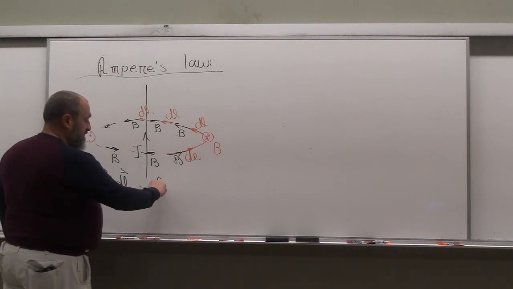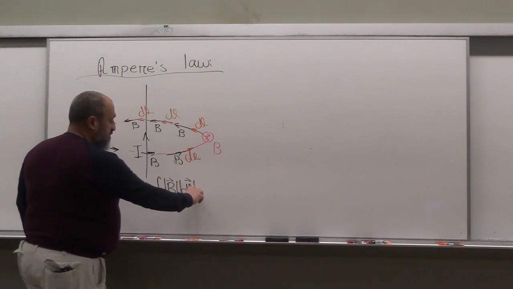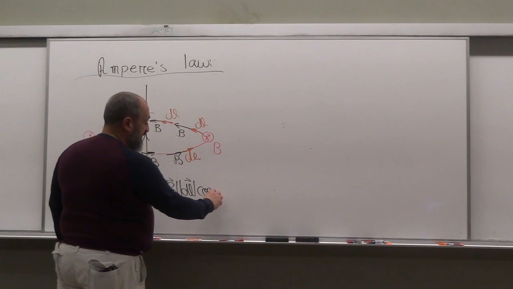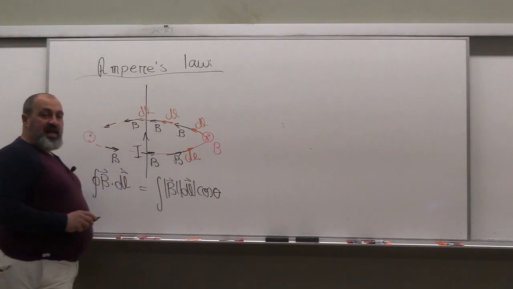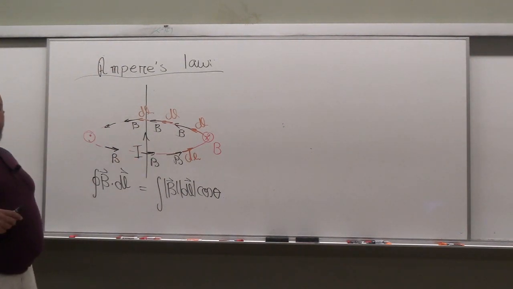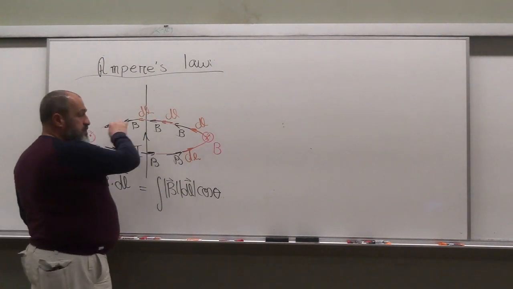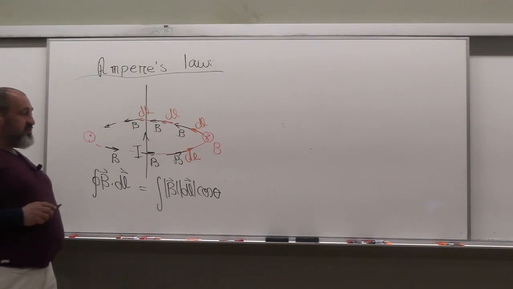That is going to be the integral of B magnitude, dl magnitude, cosine of the angle between B and dl, cosine theta. And that angle is going to be 0 because of the symmetry, because of the way we've chosen things. We've chosen to create a contour, this in red, right? And the elements of length dl point along this contour.